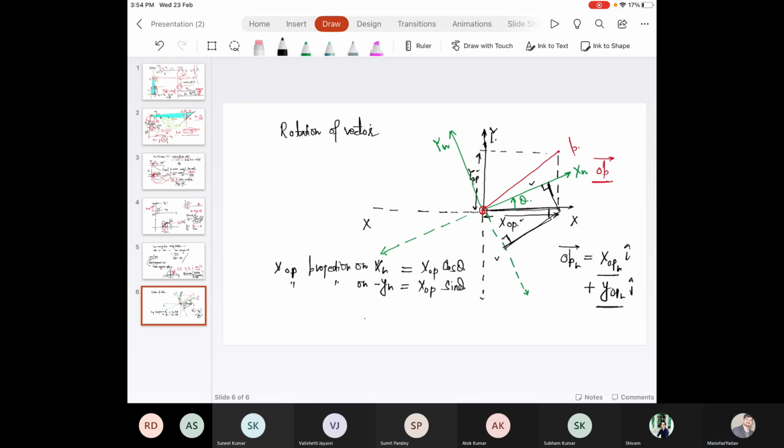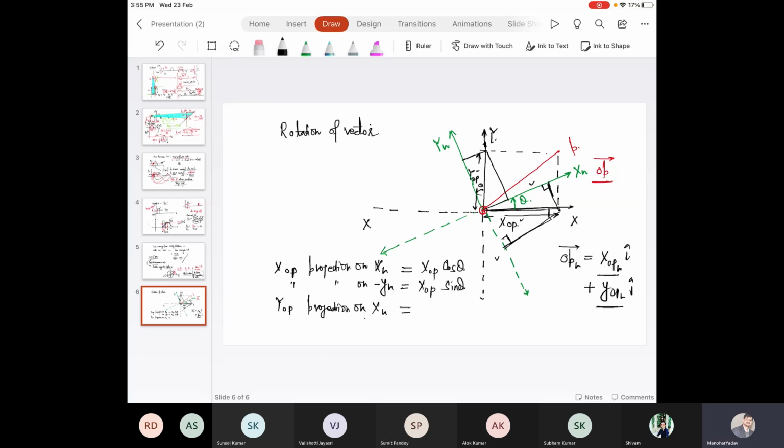Similarly, this YOP is also projected on xn axis and yn axis. YOP projection on xn, what will it be?